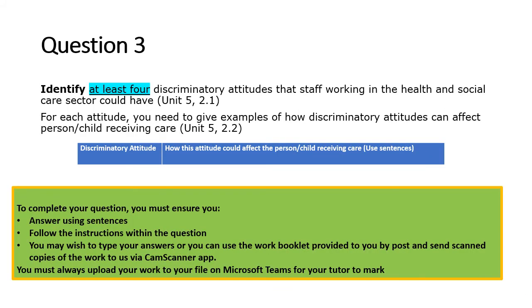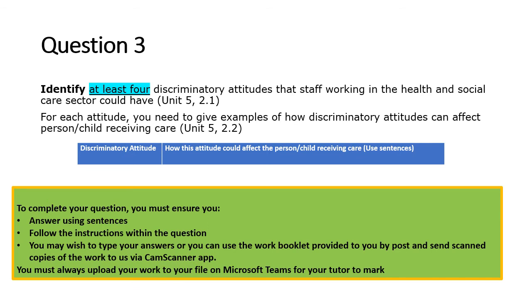So this is question number 3, and it's asking you to identify at least 4 discriminatory attitudes that staff working in the health and social care sector could have. Now, you'll see there I've taken it from the book. So for each attitude, you need to give examples of how the discriminatory attitude can affect the person or the child receiving care.